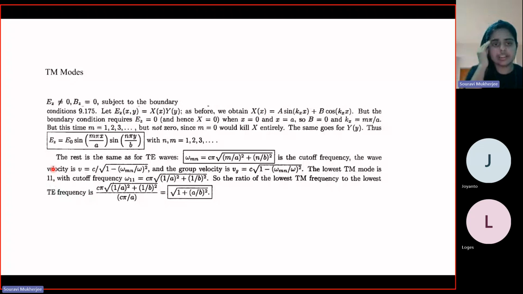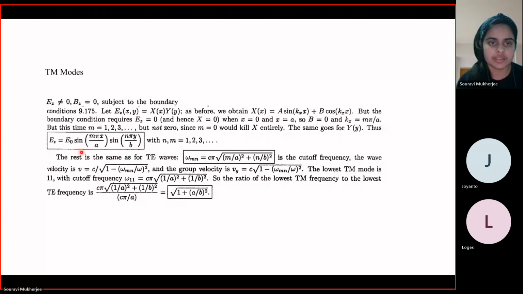So even in the coming discussions that we'll have, these concepts will always be useful as to what are the typical expressions of TE and TM modes. And there can be direct questions which give you this form and ask you what is the mode that corresponds to it. So there you have to compare this m and n with the expression that is given in the question to find the mode.